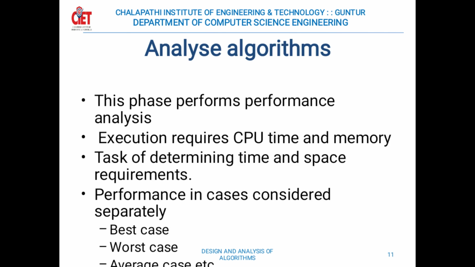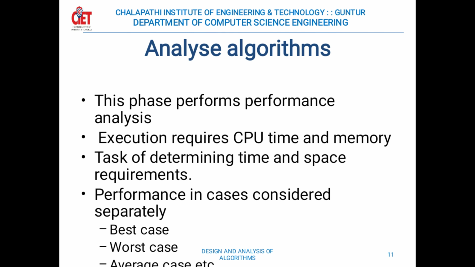Analysis. Once the algorithm is validated and we ensure that it is a correct one, we need to analyze its performance. That means even though it is a correct one, it may not be the best one.